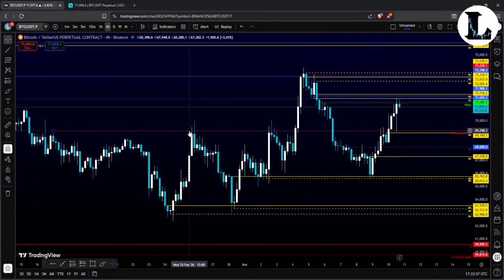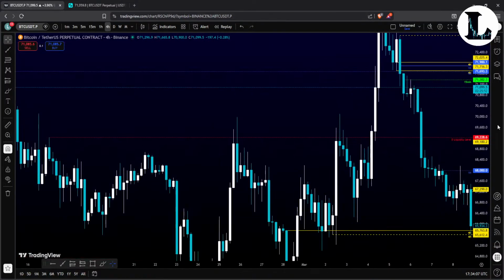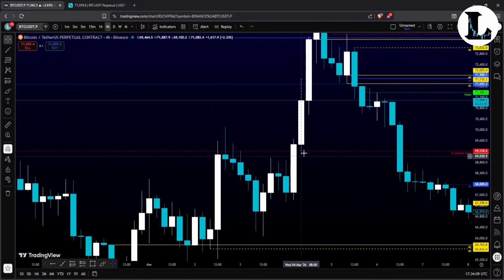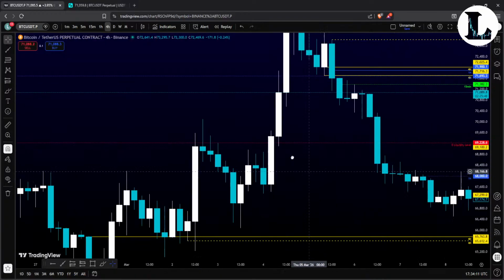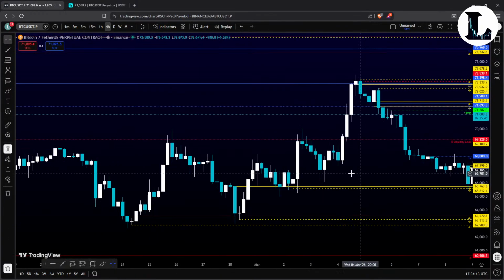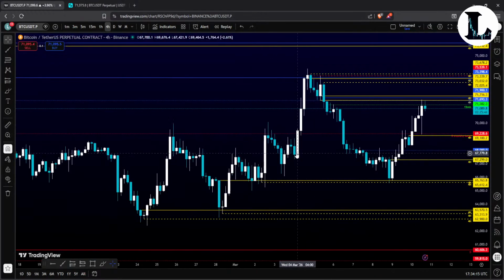If we are not able to break them, or at least to have a confirmation of the break, sometimes you will see some wicks passing by. Sometimes the levels will get that bounce really close to the line if you mark the right levels. Or we can have a really big rejection like this one here and this one here.